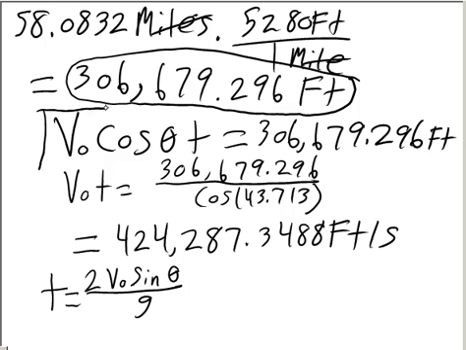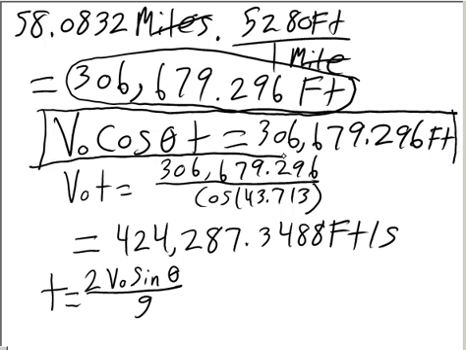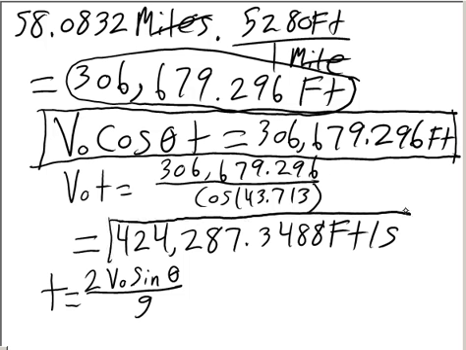And to save time, I went ahead and wrote out our distance equation, which is v naught times cosine theta times t equal to our distance right here. By using simple algebra, we can divide out cosine theta, giving us v naught times t, and that is a total of 424,287.348 feet per second.